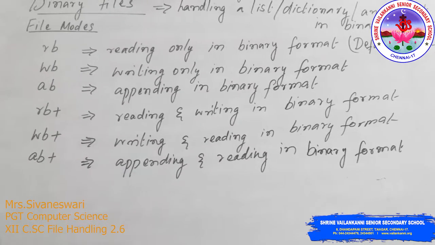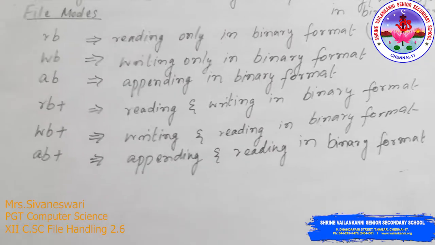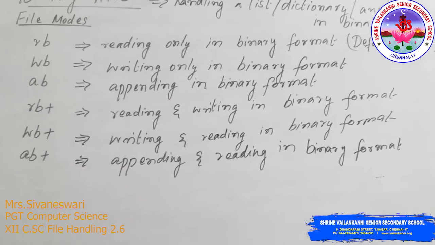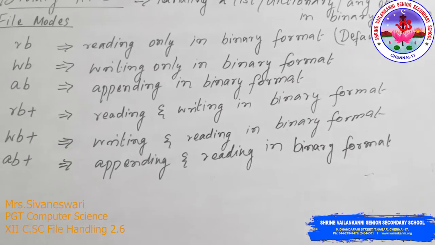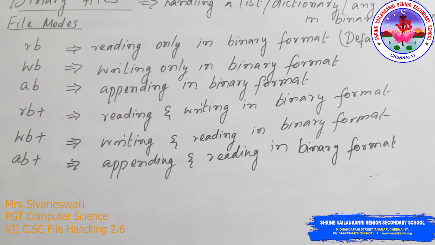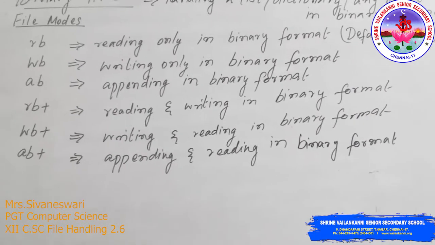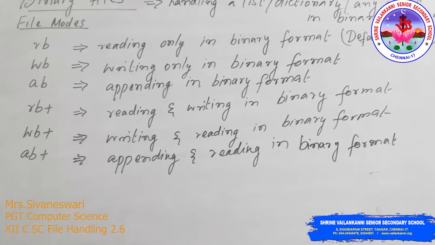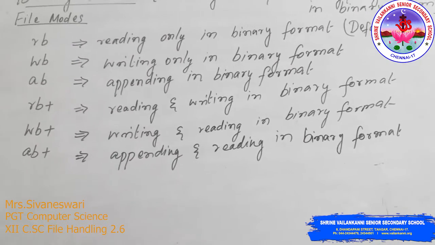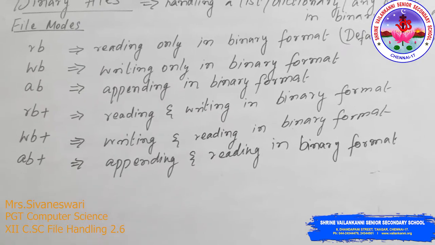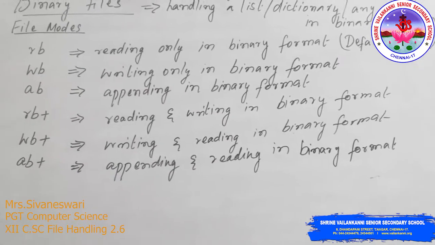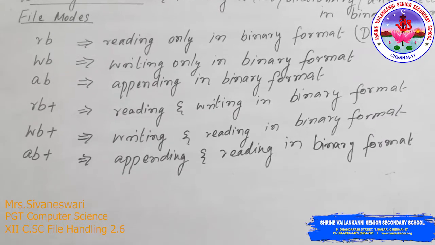RB, B represents binary file. RB is reading only in binary format, and this is the default mode. While opening a file, if we are not mentioning any mode, then it is taken as read mode. WB, writing only in binary format. AB is for appending in binary format, and we know the difference between write mode and append mode.